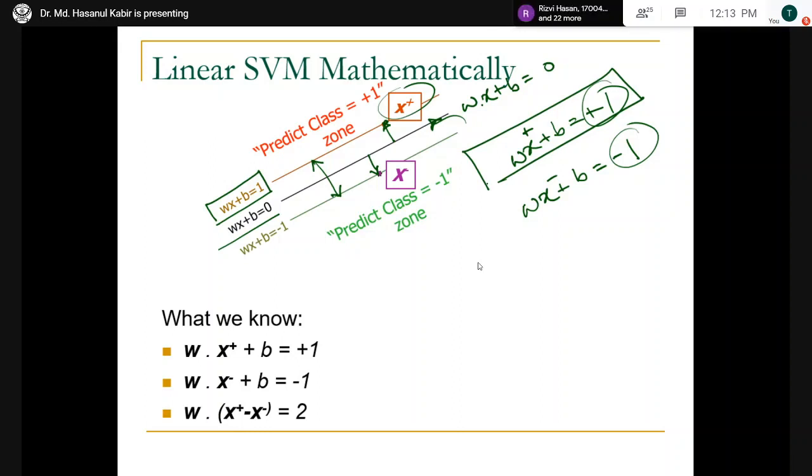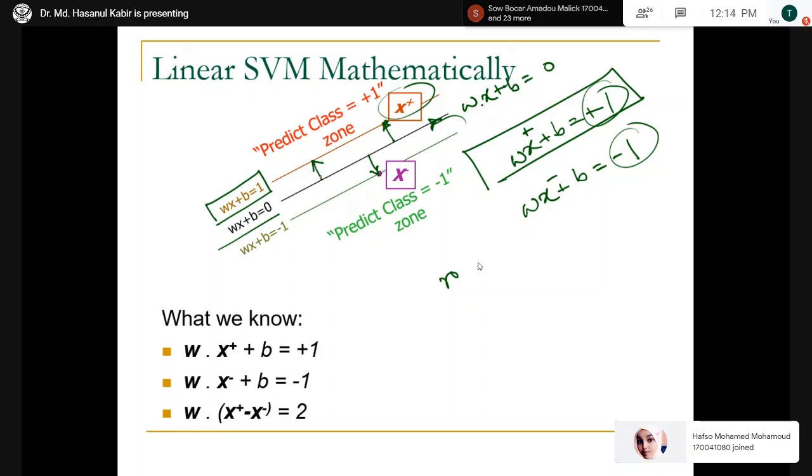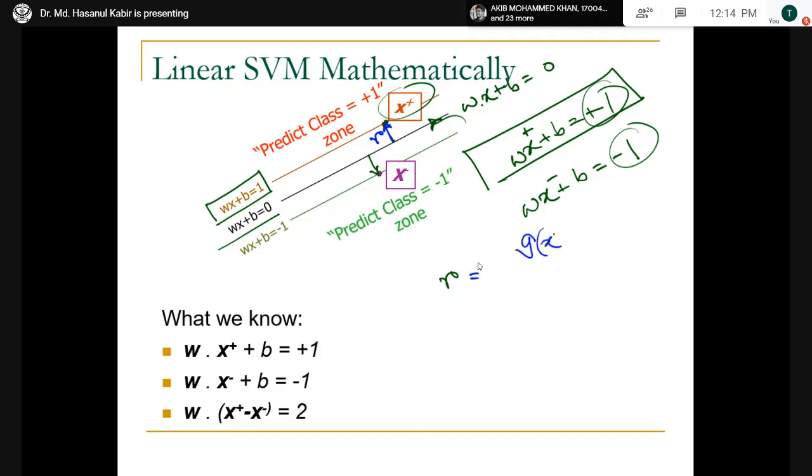Now we know already that from a point to the decision boundary, the distance, let's say for the positive sample, if I want to compute the distance r, this arrow over here, this distance is found by the response of that particular sample divided by the magnitude of w.